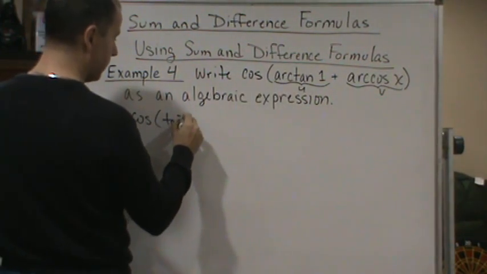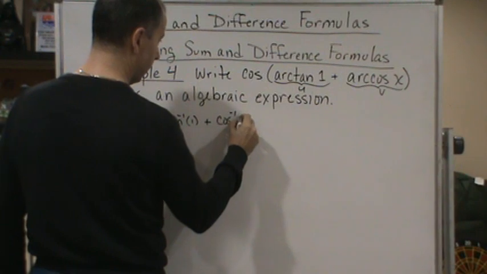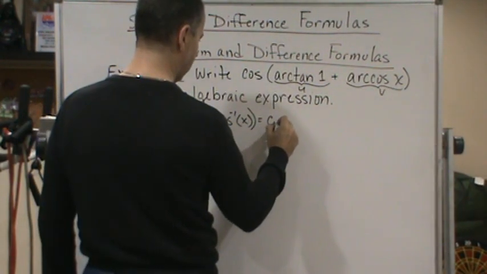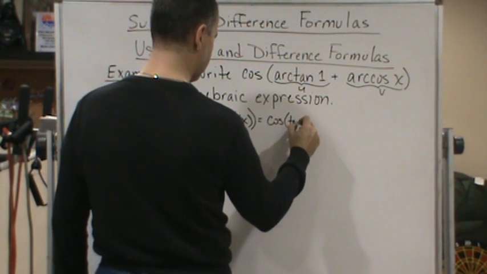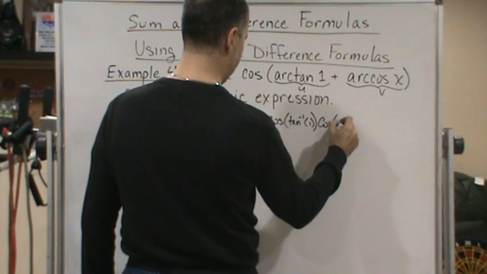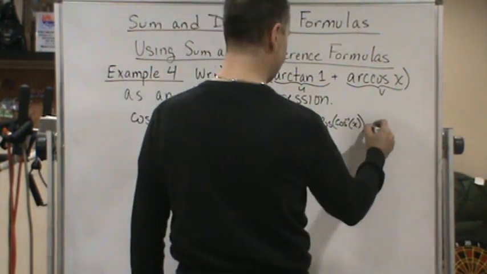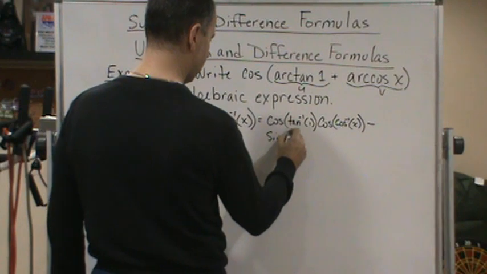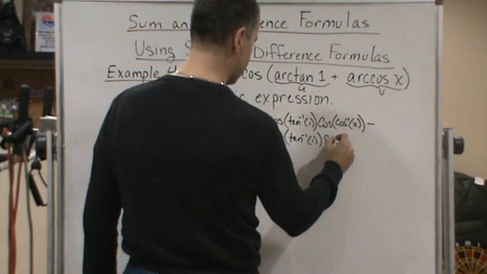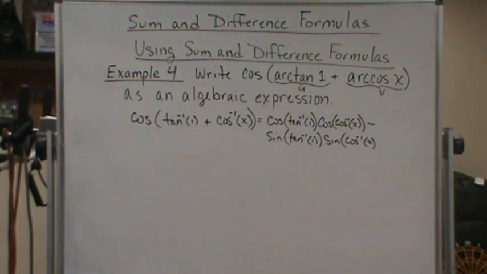Cosine of tangent inverse of 1 plus cosine inverse of x is equal to cosine of tangent inverse of 1 times cosine of inverse cosine of x, minus sine of tangent inverse of 1 times sine of cosine inverse of x. Okay, so that's what I've written down.